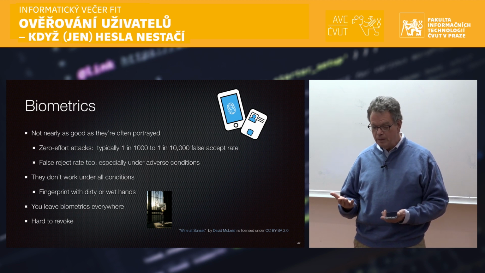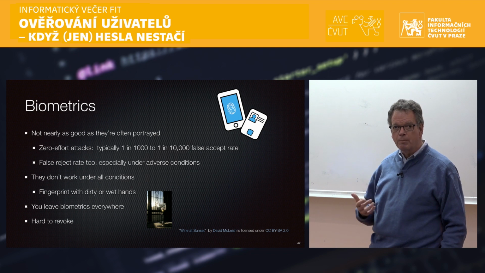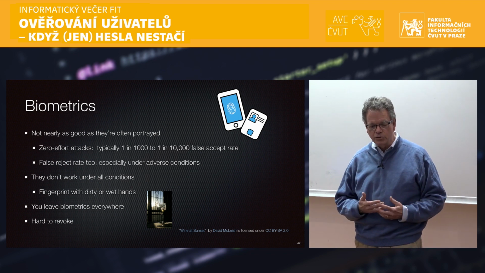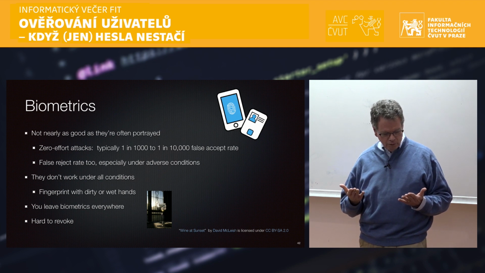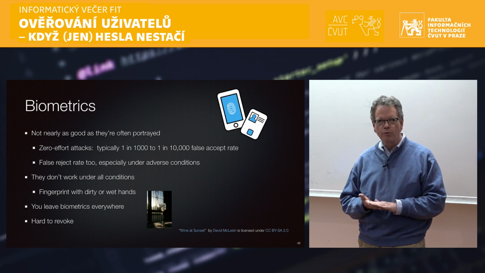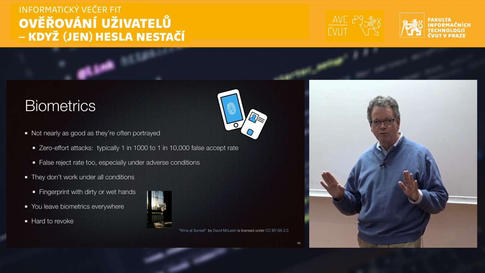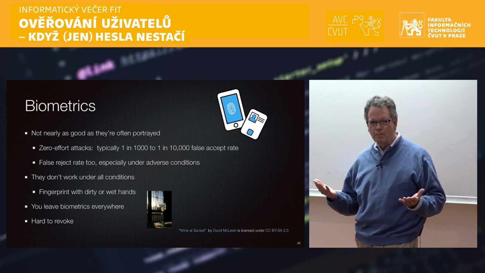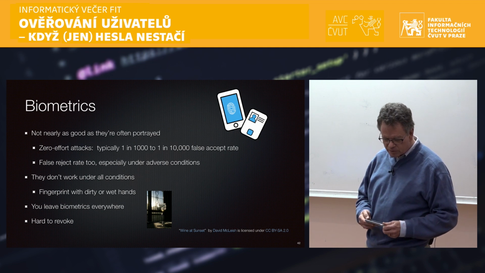And this is part of trying to remember who your user population is. There are people that have jobs that wear their fingerprints off. And so there are some people that really don't have fingerprints. Maybe they've been burned or something like that too. So there are lots of problems with that.